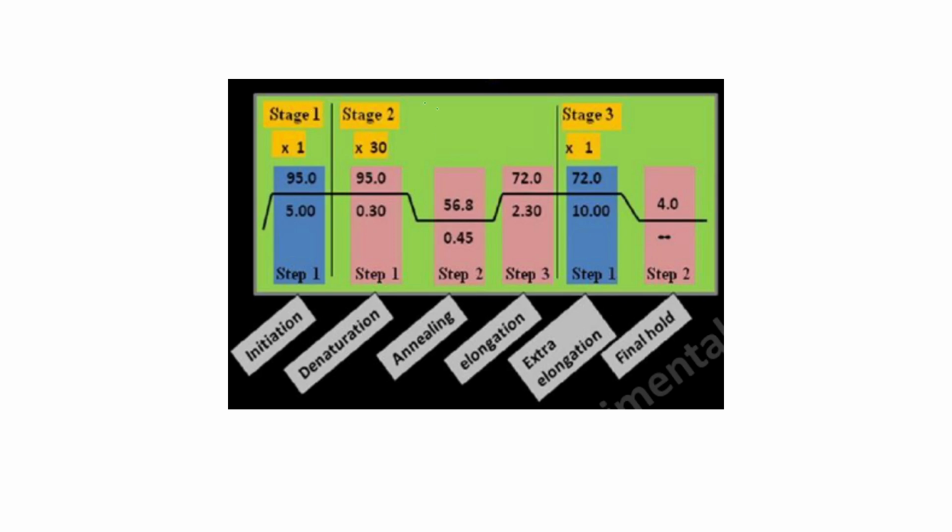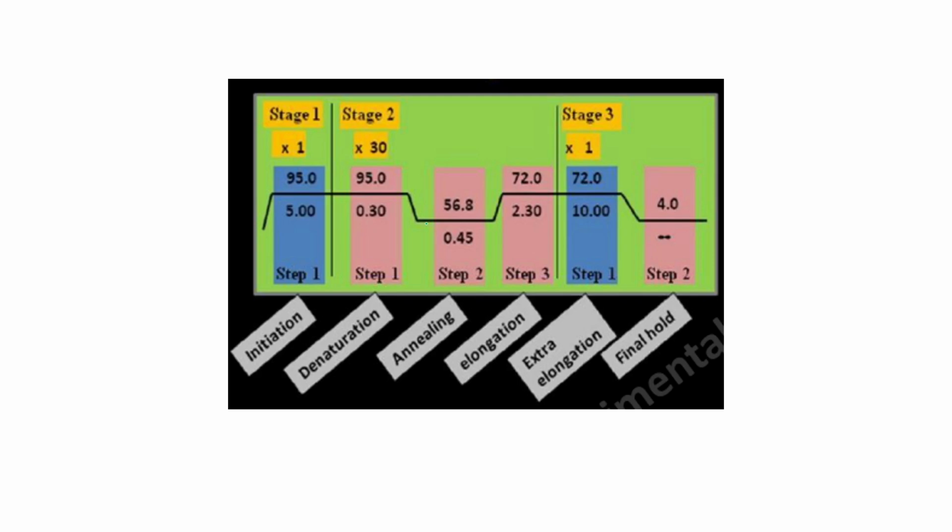Then we have the denaturation step, where at 95 degrees Celsius all the strands separate, the hydrogen bonds break, and from double-stranded DNA we get single-stranded DNAs. Then comes the annealing step, where we reduce the temperature from 95 degrees Celsius to between 55 and 65 degrees Celsius.